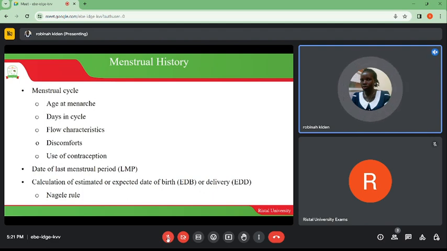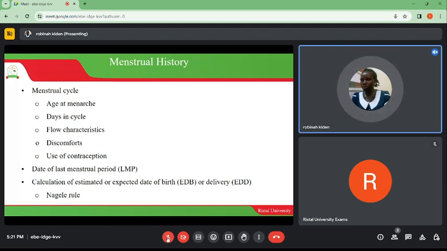Then for those who delay, there are some mothers who reach up to 18 years before they start their menarche. They see their first period at 18 years. Those ones, their period of reproduction is reduced, and normally they go for early menopause.